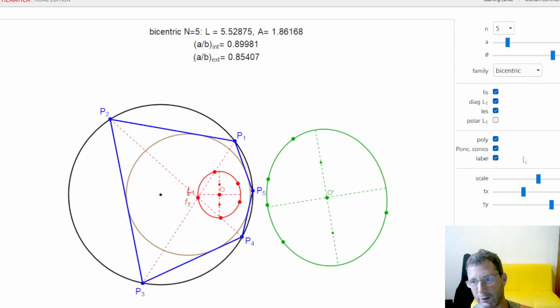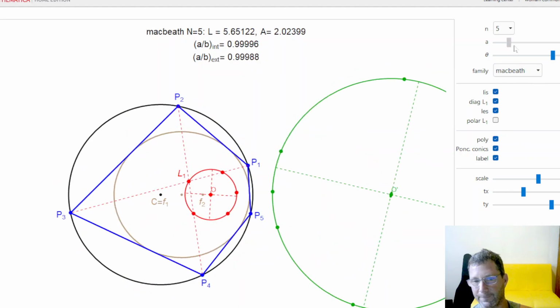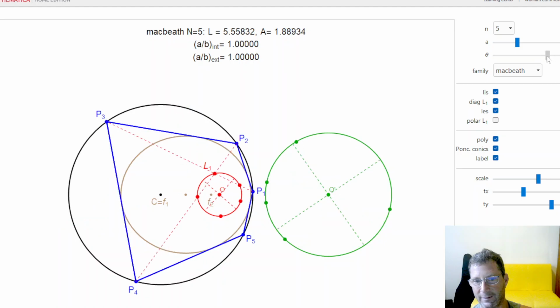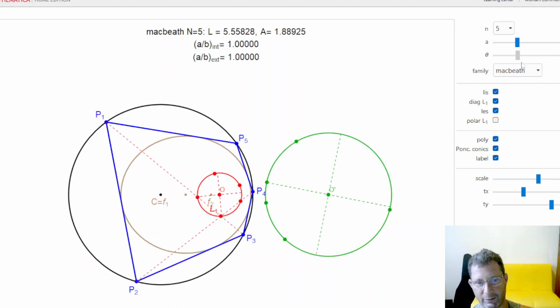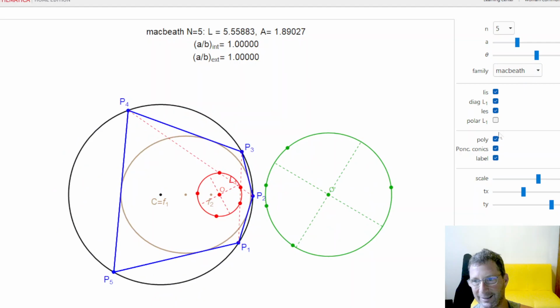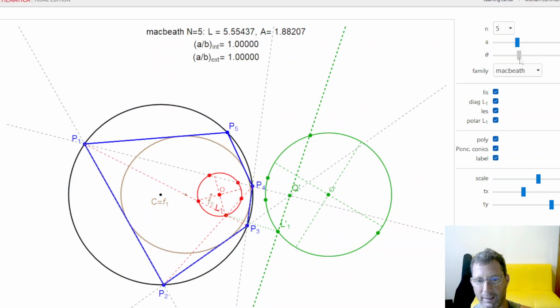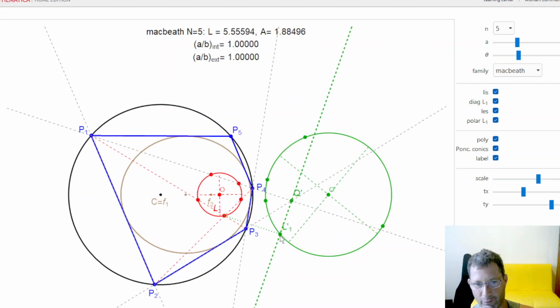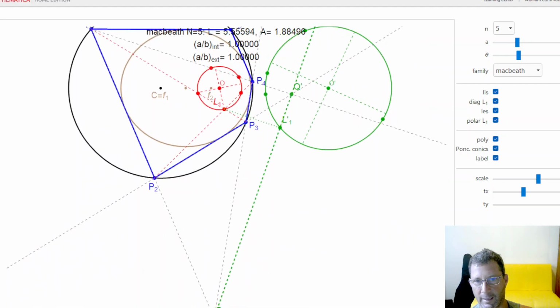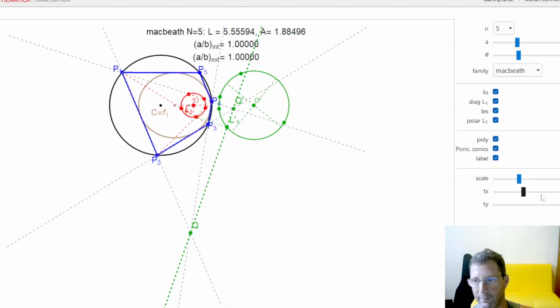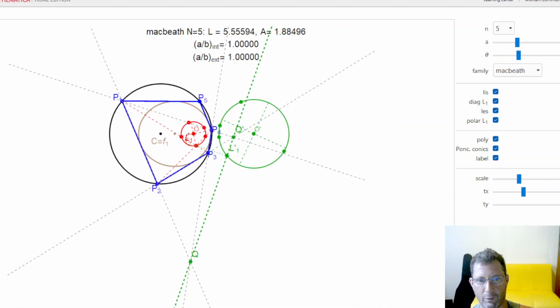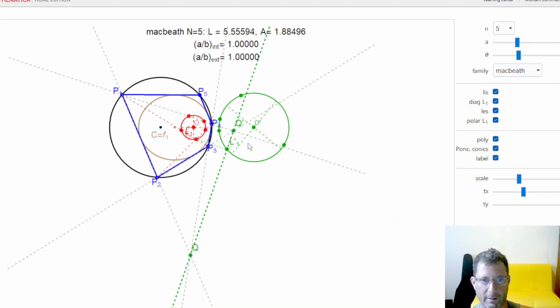But what's really awesome about the MacBeath family is that both the LIs, the internal ones, and the LEs, the external ones, fall on circles. Here's a particular construction for this external point. I'm taking L1 and dropping a perpendicular onto, as we said before, that external diagonal.